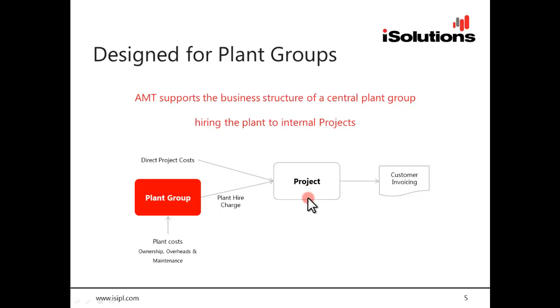We do have a separate module of AMT that is more aimed at, say, the OEMs having maintenance contracts that has project type functionality. But in the context of this presentation, everything that we're going to look at is really through the lens of the plant group. It's the plant group and how they balance the revenue that they're getting in from hiring the equipment out against what their costs are.